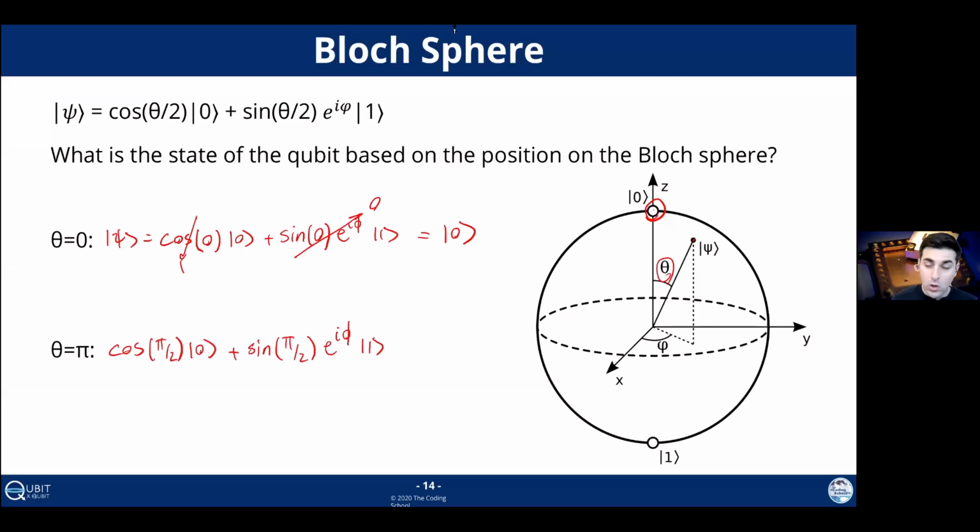Okay, so cosine of pi over 2 is 0. Sine of pi over 2 is 1. So what I'm going to end up with is e to the i phi times the 1 state. And I would like to launch another poll: can I ignore this e to the i phi? So can I ignore this phase?